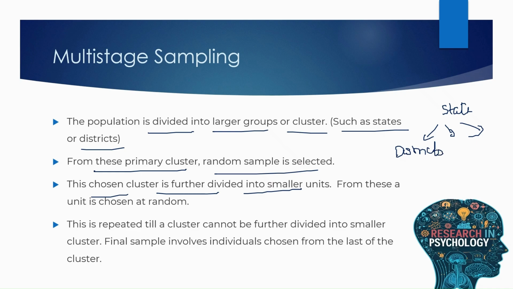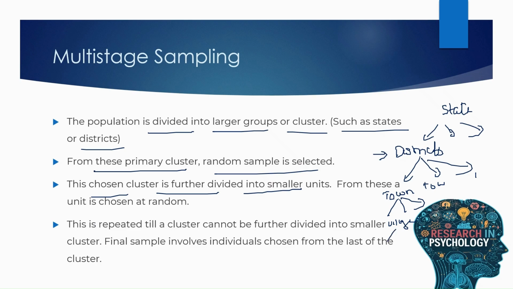Now this was the two-stage cluster sampling that we studied, right? But here we are not stopping at two. After district, we are going to further divide this into what? Maybe towns. Right? Then we will randomly choose one town and then further divide it into villages.